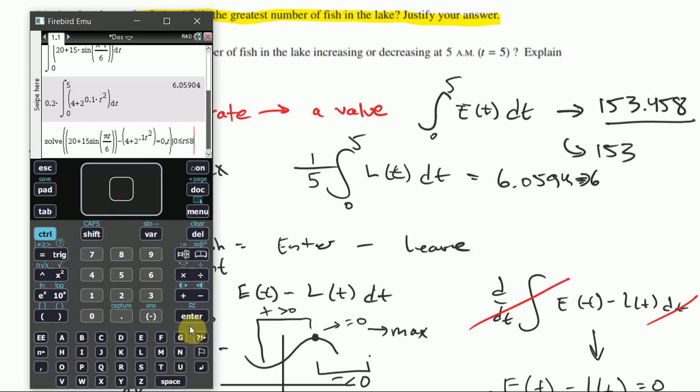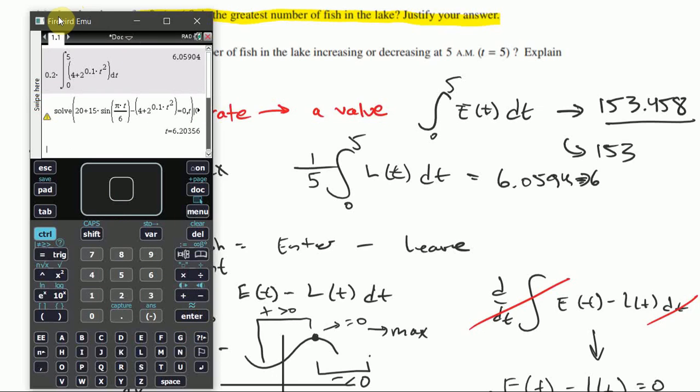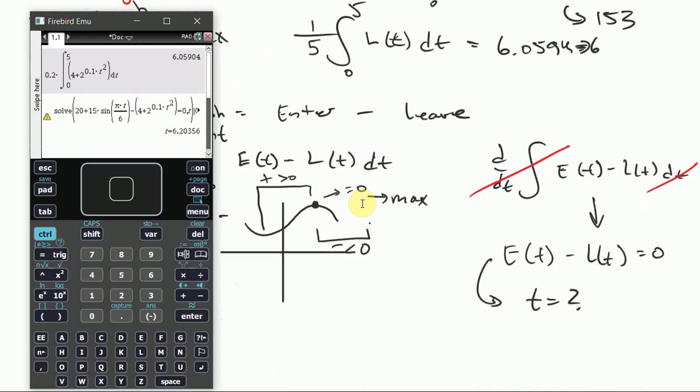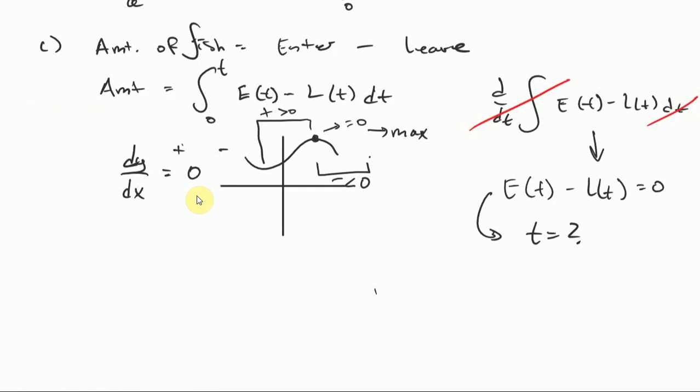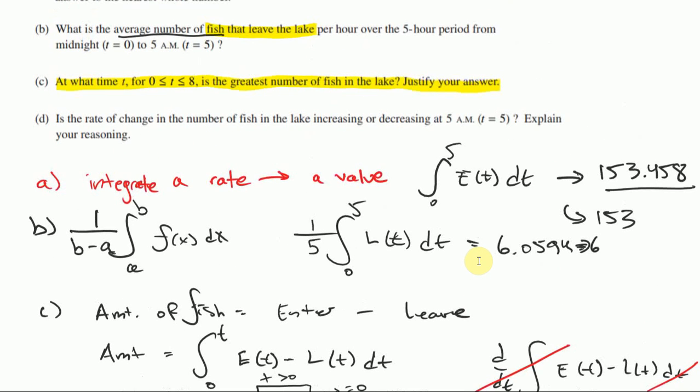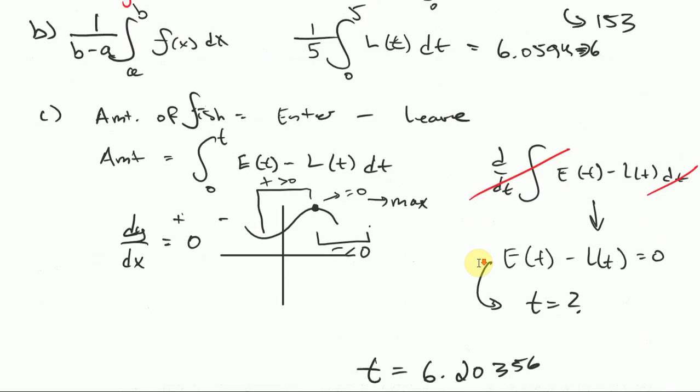Because the endpoints are also critical points, so you want to include those. And lo and behold, the only t value for which we get 0 happens to be t equals 6.20356. All right, that's our t value, and that's that.